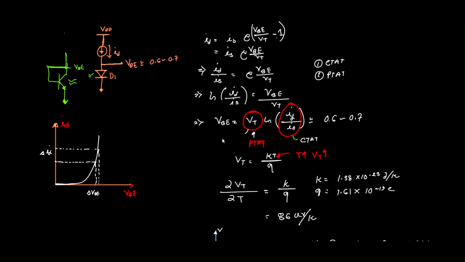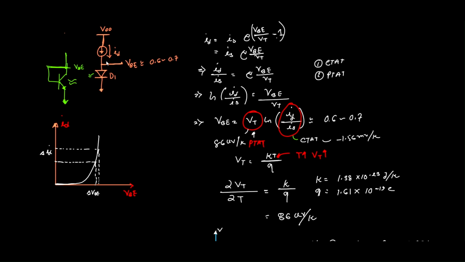This one is 86 microvolt per Kelvin, and this slope is minus 1.56 millivolt per Kelvin. So obviously this one is dominant.